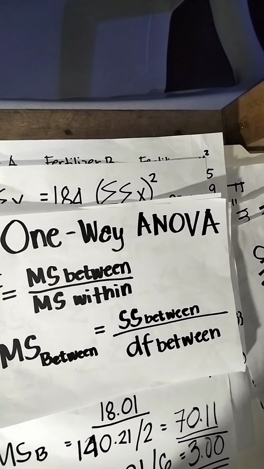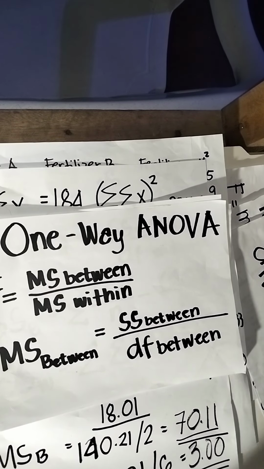How many variables does Anova compare? It compares three. If we have one independent variable and a dependent variable with more than 2 groups, then we will be using one-way Anova. We use one-way Anova when we are comparing 3 or more variables.